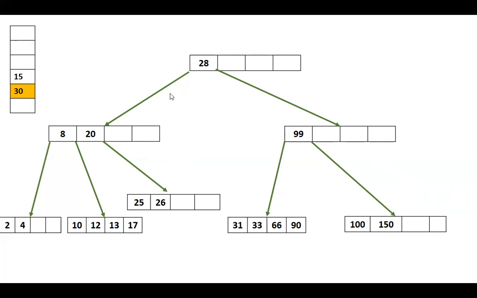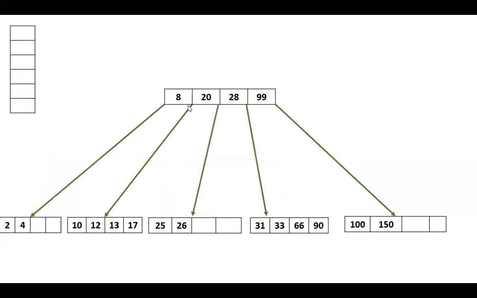So the root 28 will come down and 99 will be inserted here. So all these three nodes will be merged into a single node, right? So all the nodes are merged into a single node and accordingly all the pointers are adjusted. Is it fine? This is the B tree after deleting all the keys, right?